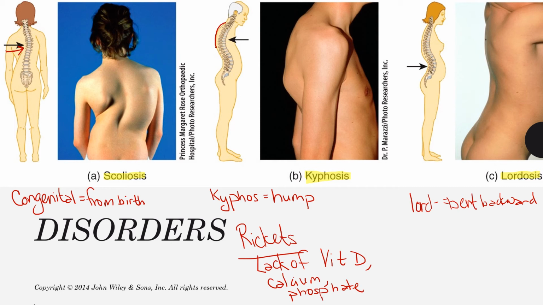This is sometimes called a hollow back because we have that increase in the lumbar curve right there of the vertebral column, kind of like a hollow back. This may result from increased weight in the abdomen, such as in pregnancy or in extreme obesity. This could also be caused by poor posture, rickets as well. Also osteoporosis or tuberculosis of the spine. These can all lead to lordosis.